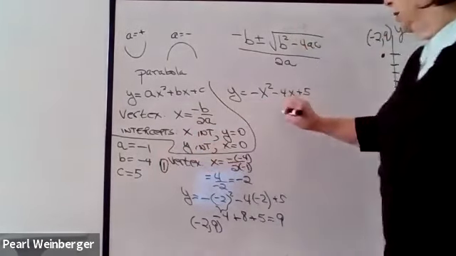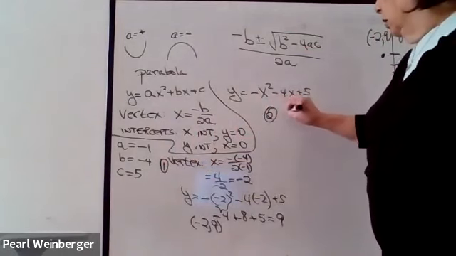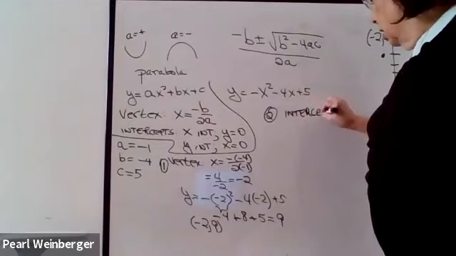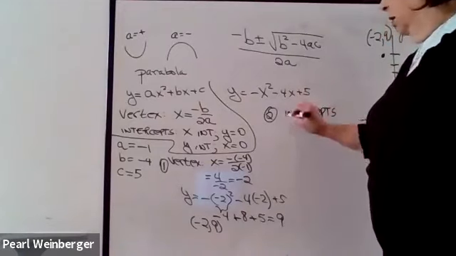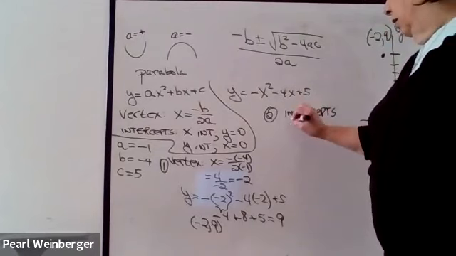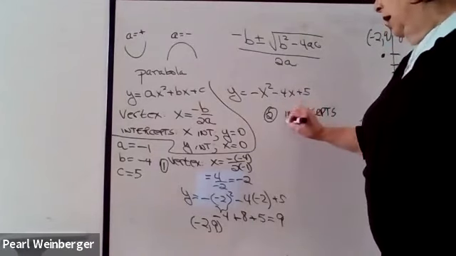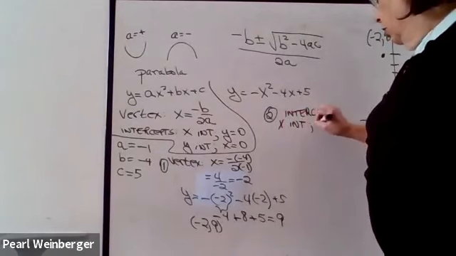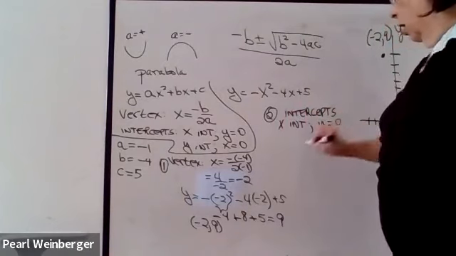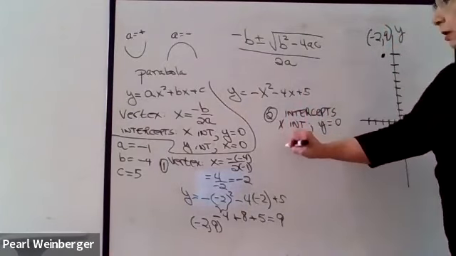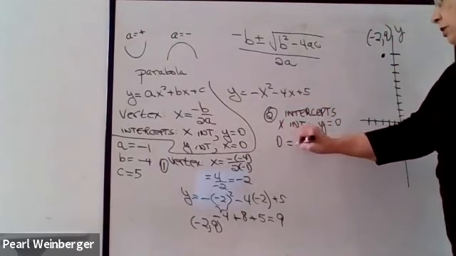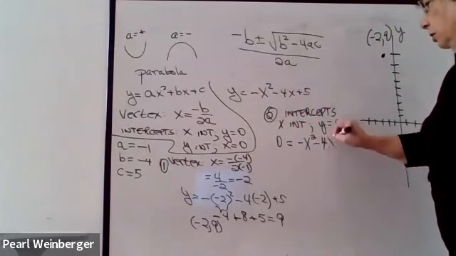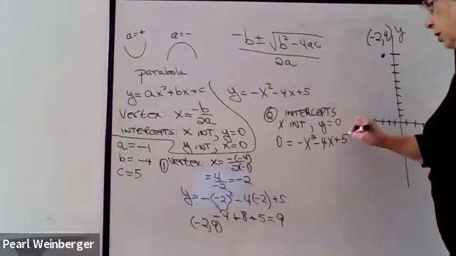The next thing, so this was the vertex. Now let's work on the intercepts. So first, let's say we want to do the x-intercept. So then we're going to have to let y equal 0, which will give us 0 equals negative x squared minus 4x plus 5.